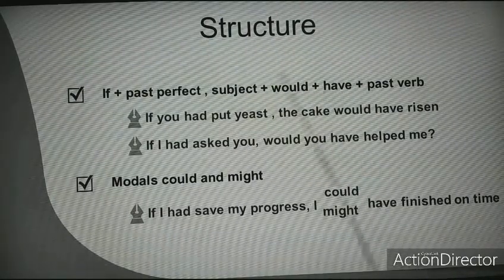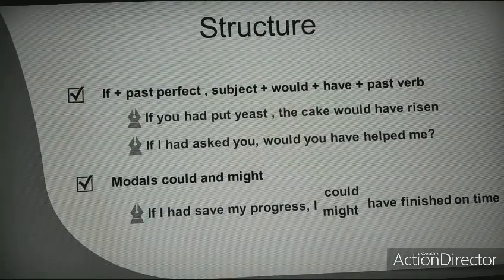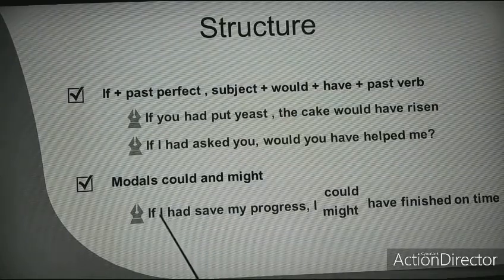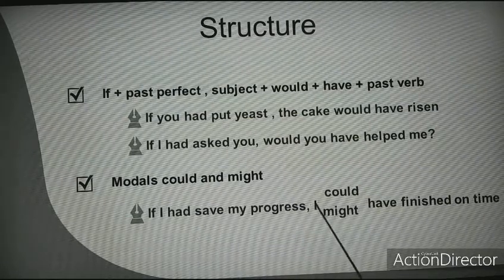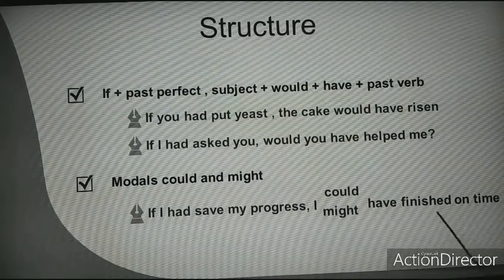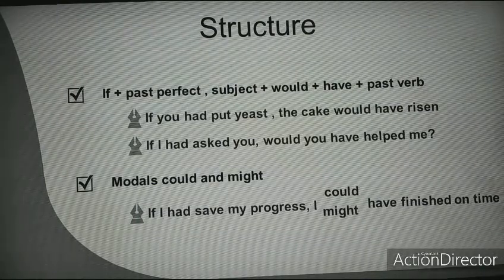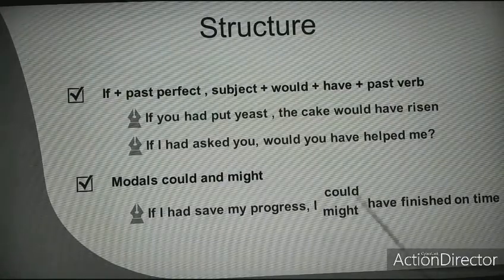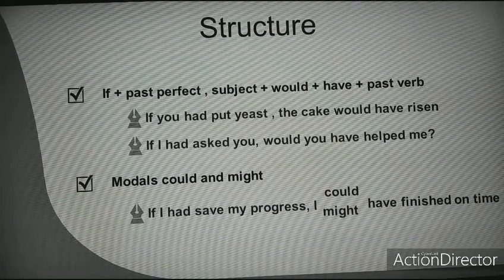Take a look at this example: if I had saved my progress, I could or might have finished on time. We can use would, could or might, and the result is the same. It is still the third conditional.